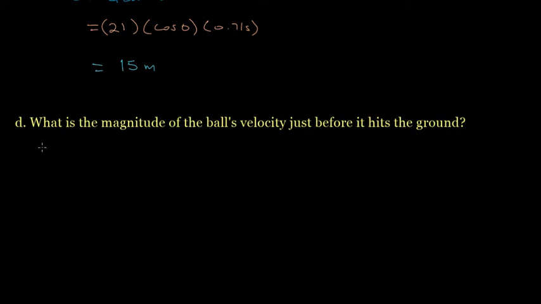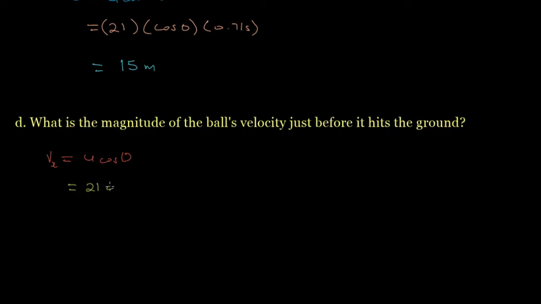So what we're going to see is that Vx, which is our horizontal velocity after, will be the same as our horizontal velocity before. Now, the horizontal velocity before is U cos theta. U again was 21.